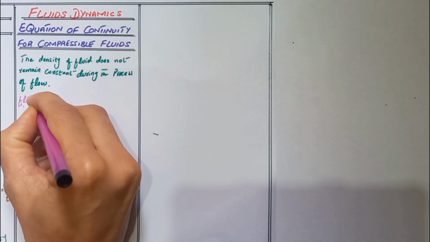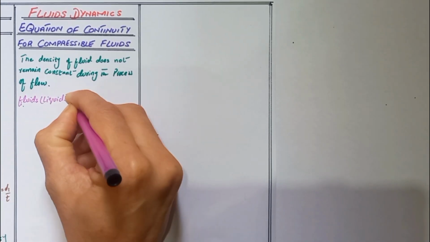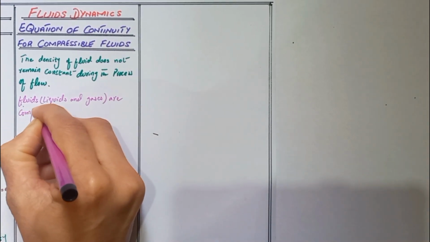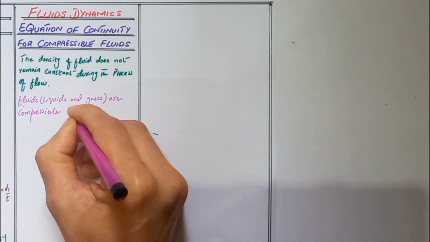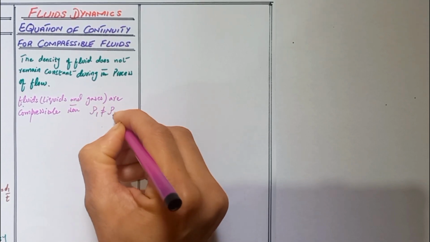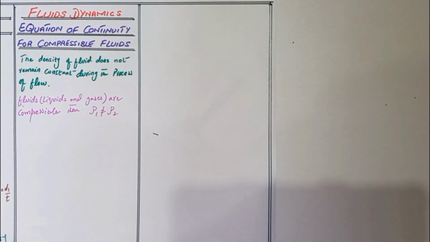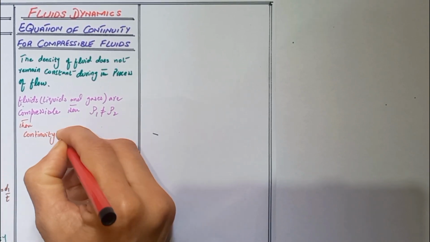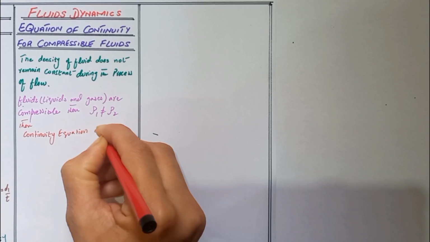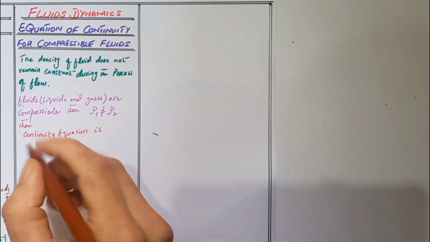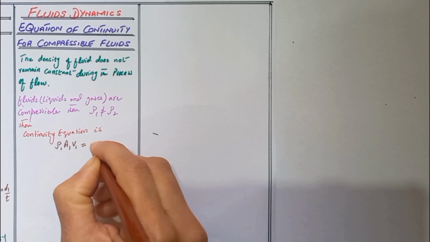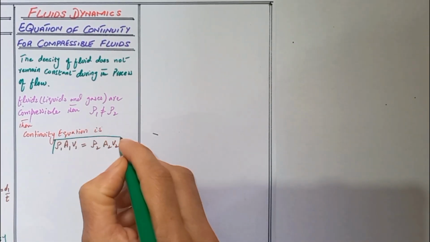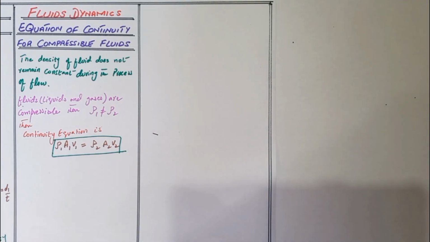Fluids, liquids and gases are compressible, then rho 1 is not equal to rho 2. Then the continuity equation is rho 1 A1 V1 is equal to rho 2 A2 V2 if the fluid is compressible and density is not constant.